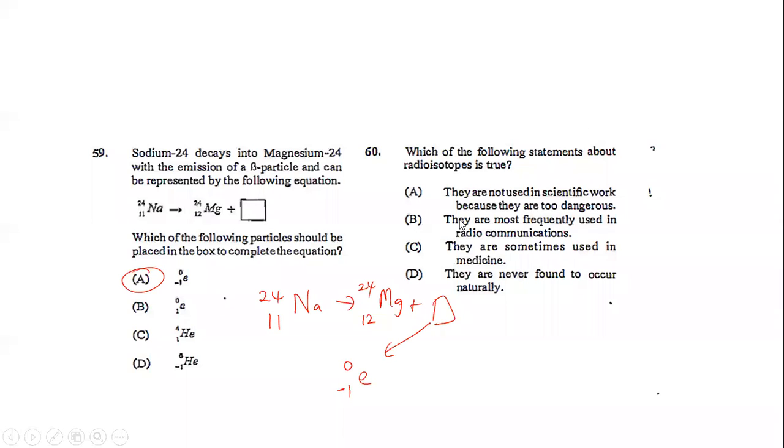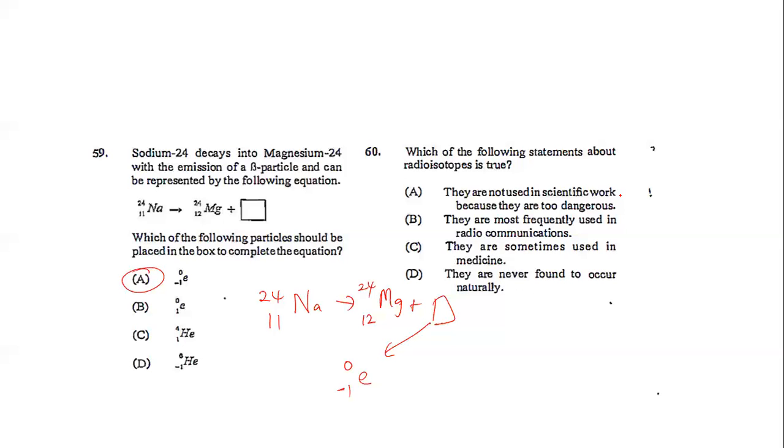Question 60, the final question. It says which of the following statements about radioisotopes is true. So they are not used in scientific work.